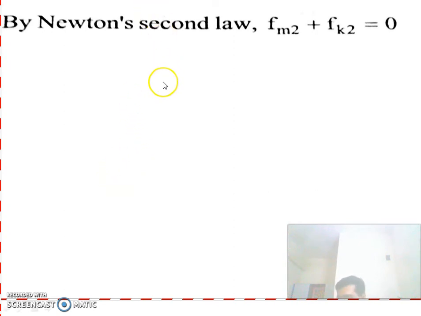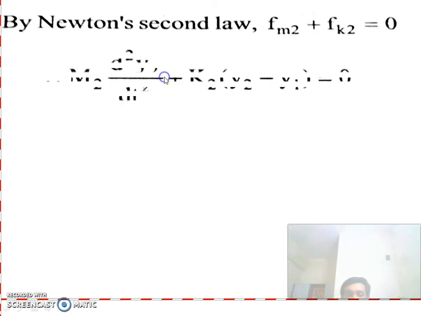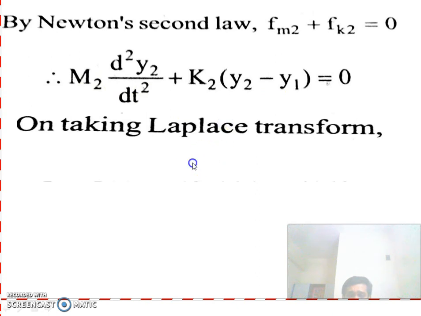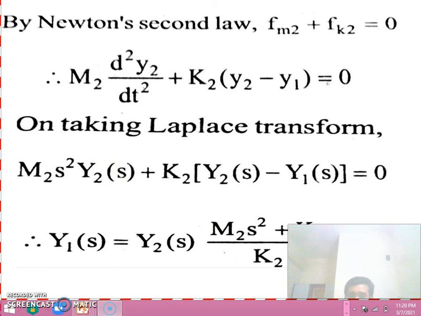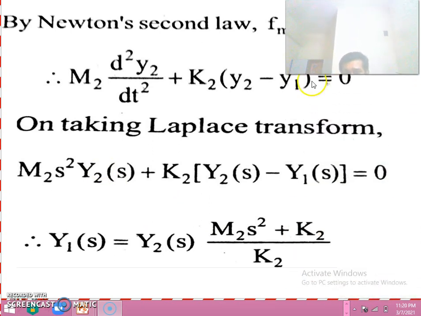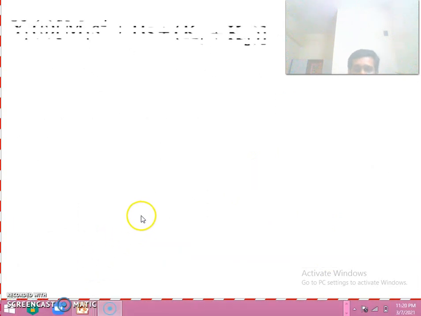Here in M2 there is no applied force, so M2 d square y2 by dt square plus k2 into y2 minus y1 is equal to 0. Now we are going for the Laplace transform. So while taking the Laplace transform, we are getting M2 into s square Y2 of s plus k2 into Y2 of s minus Y1 of s. So from this we are calculating Y1 of s.